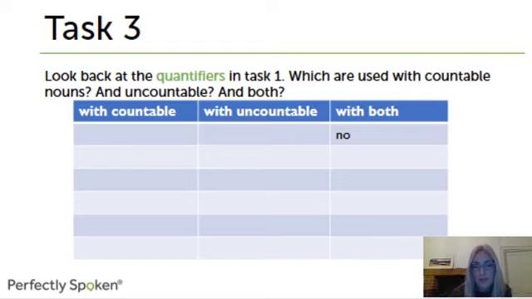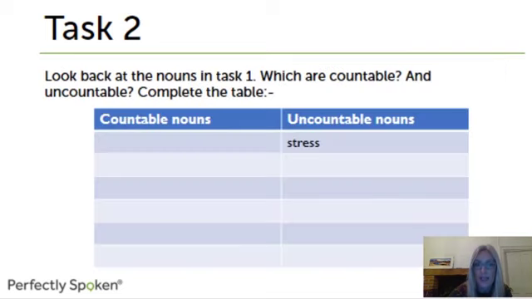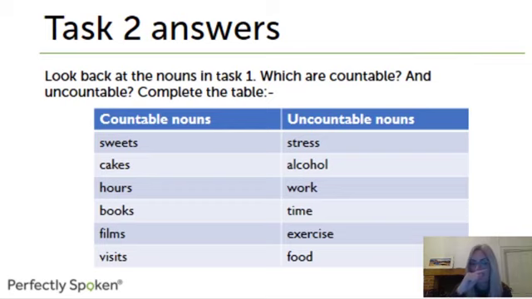Okay, so if we go back to number 1, no stress. So we know that we can use no as a quantifier with uncountable nouns. Is it possible to say no sweets, no cakes?